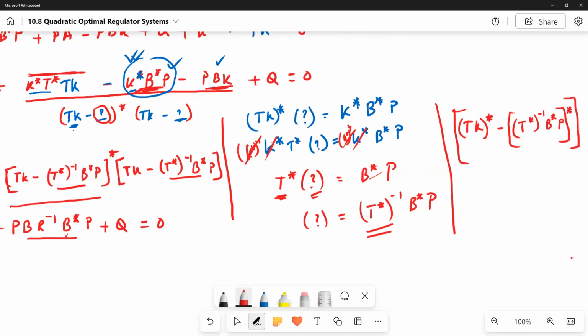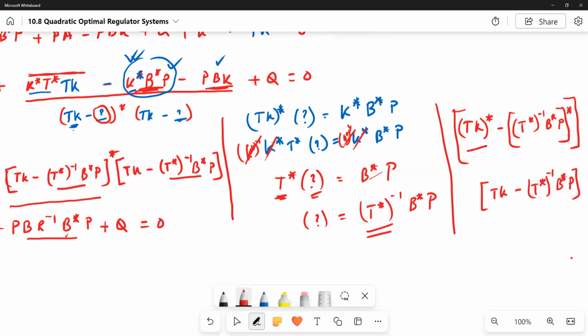Then this has to be multiplied with your TK minus T star inverse B star P.